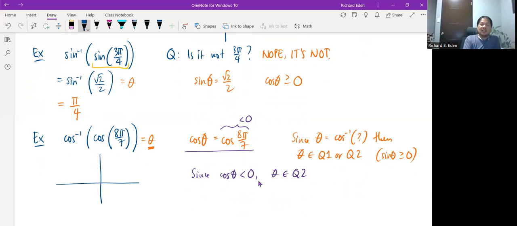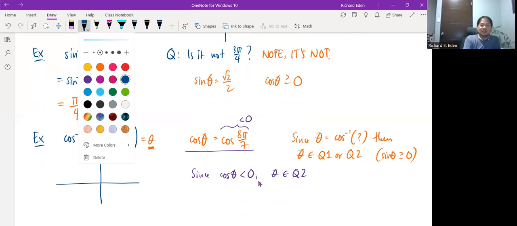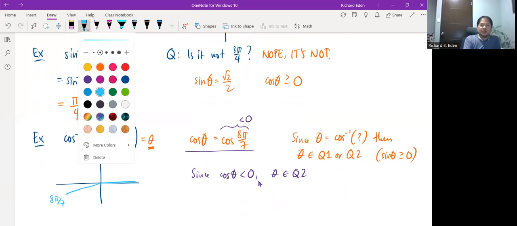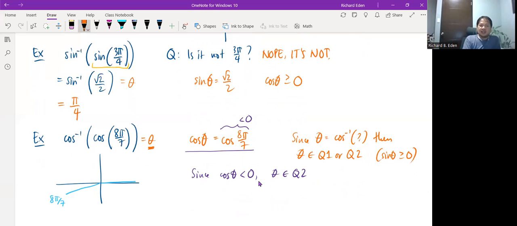But the angle we're looking for is in the second quadrant, and it has the same cosine. So meaning, their intersection points in the unit circle have the same x value. That's the theta we're after. Okay. What does this theta and 8 pi over 7 have in common?